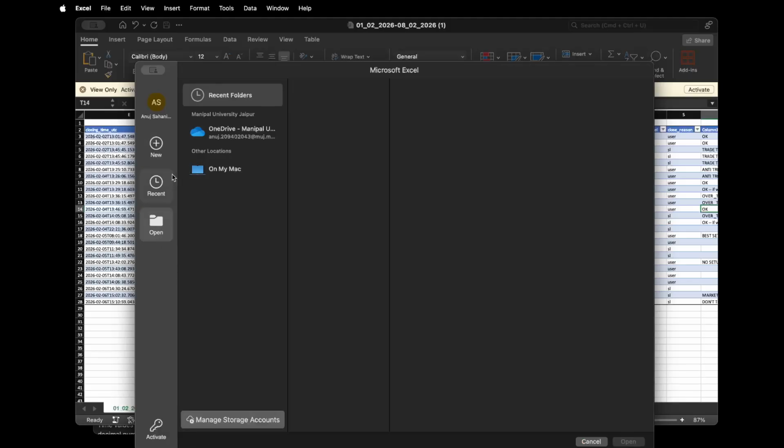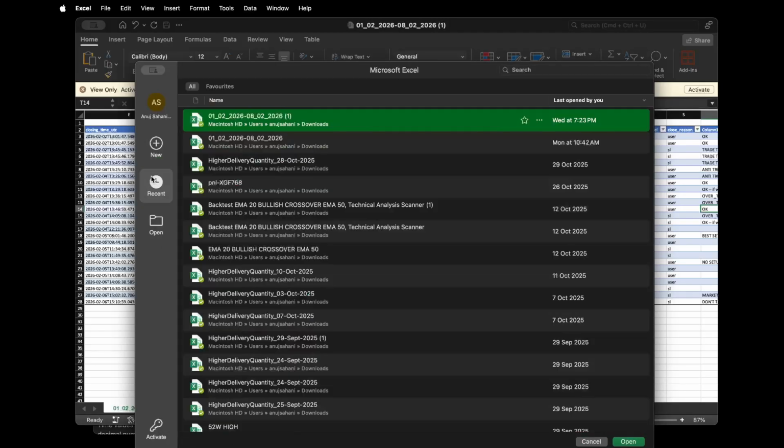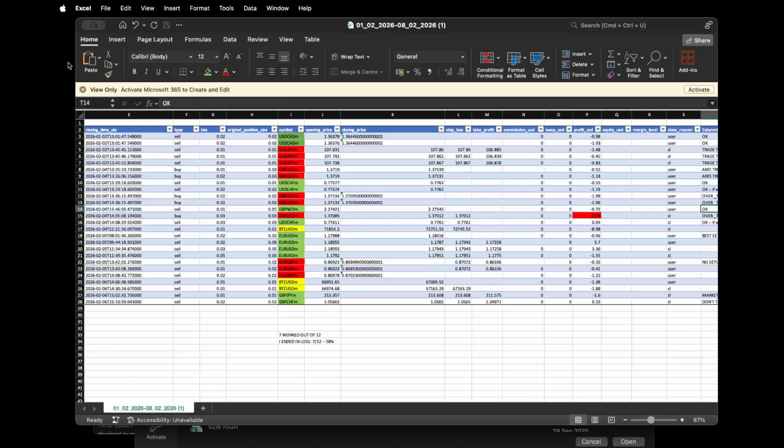Open, recent, let's show in Finder. So Feb week 1. We will copy this. I'm just saving it. Then we will jump to the learnings quickly.